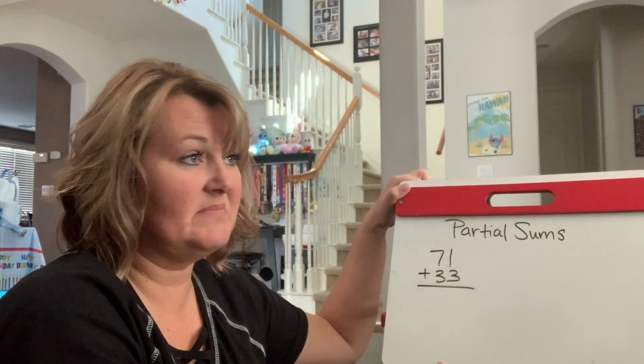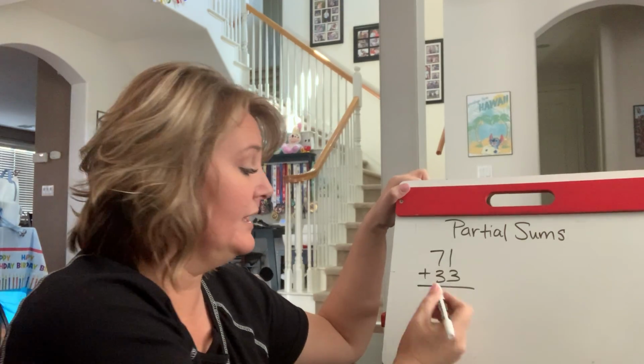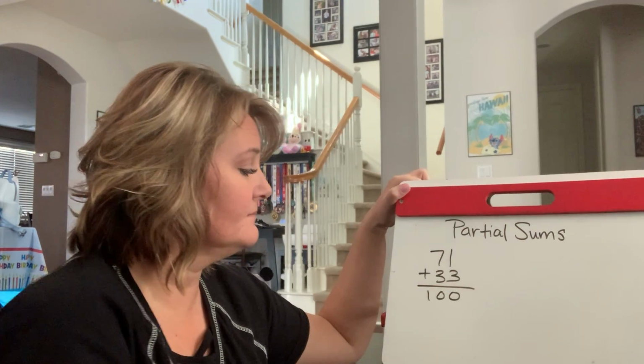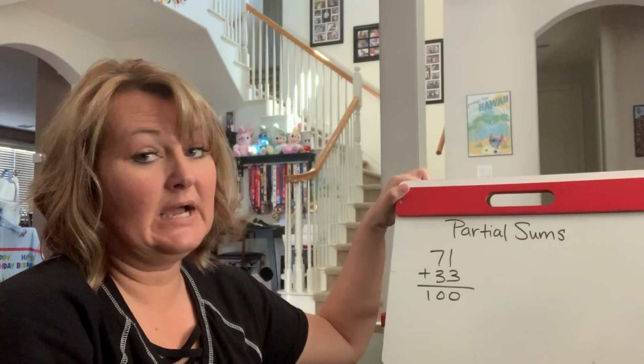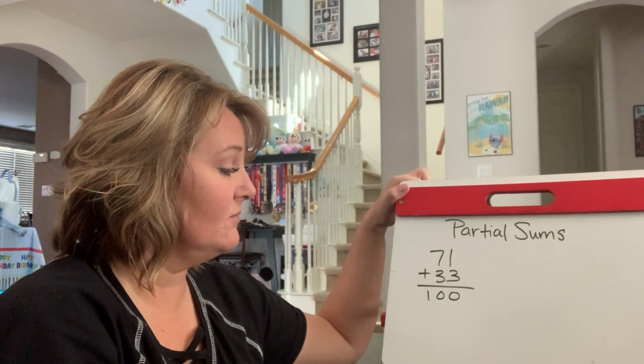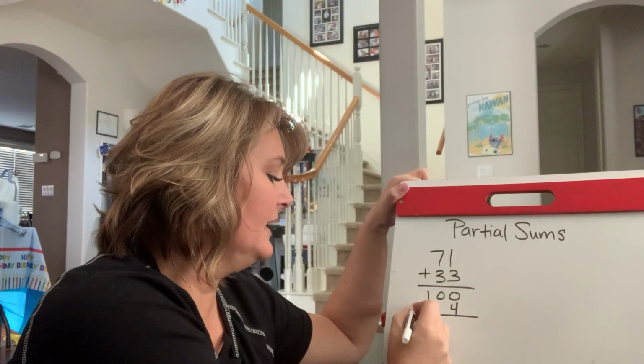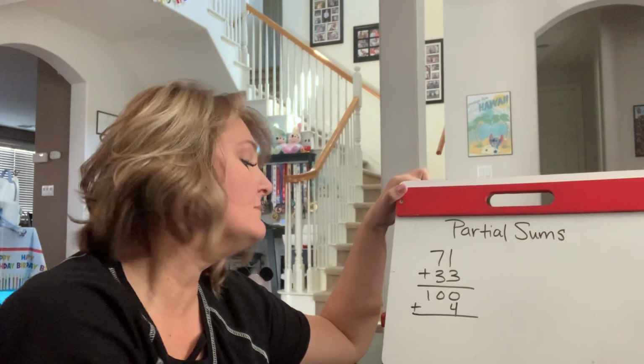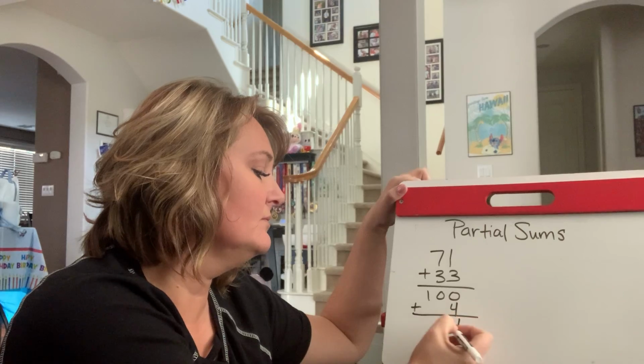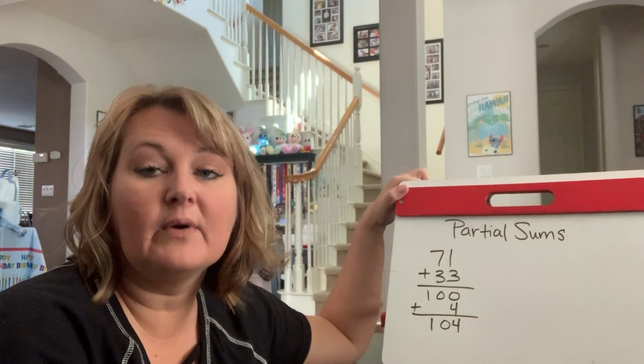So 70, 80, 90, 100. Now I know I gotta do my ones. So for my ones, I have 1 and 3. Wow, that's 4. So I'm gonna put that up there, right? And I'm still adding straight down, and I get 104.